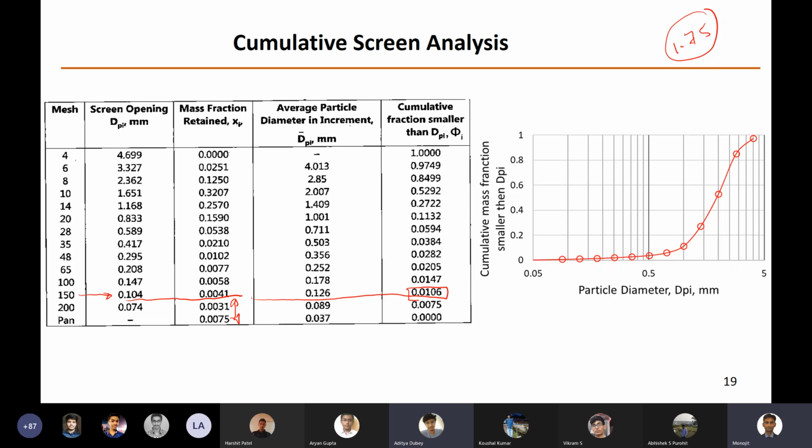Sir, we can add 0.0041 plus 0.0031. Suppose this table is not given, you only have this graph. From the table, obviously you can directly say, but I am giving you an intermediate number, 1.75, which is not exactly there in the table. You have to interpolate, but if you interpolate, that would be wrong. Why, I will tell you. Instead of interpolating, you should use this graph directly.